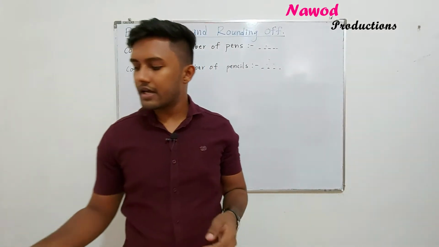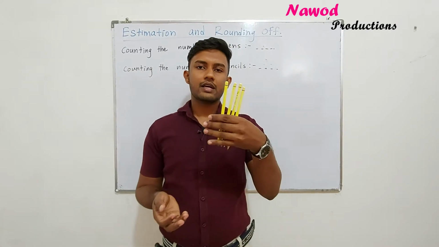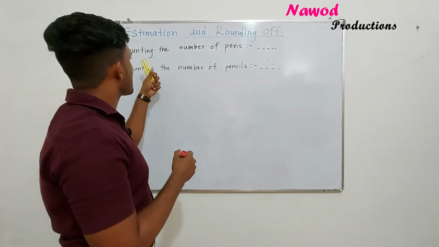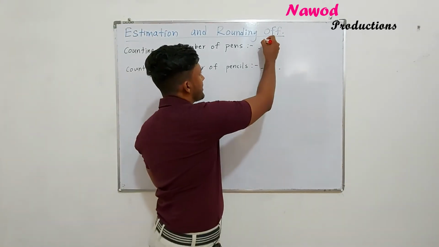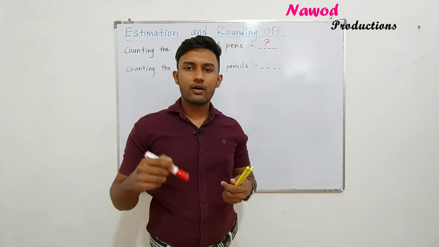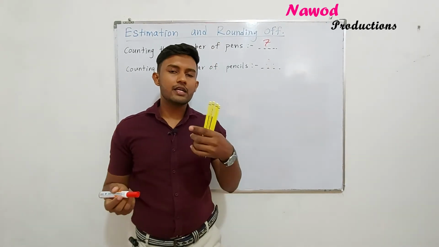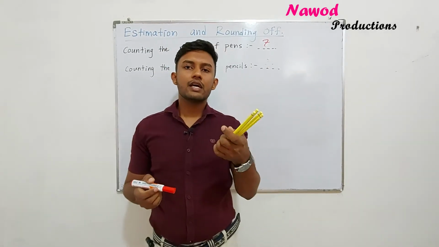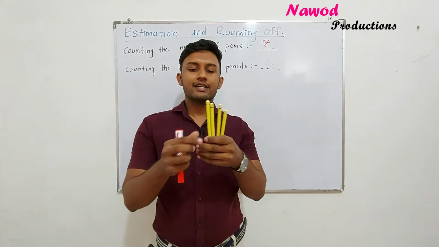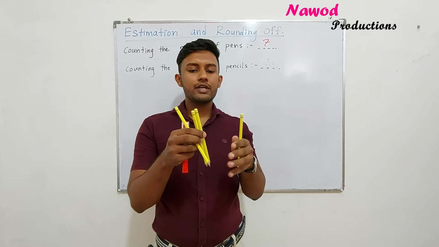Then I have some pencils, right? Before that, I would like to note the number of pens. There were 7 pens, which we counted one by one. Here I have some pencils. Can we count the number of pencils that I have? Yes, 1, 2, 3, 4.